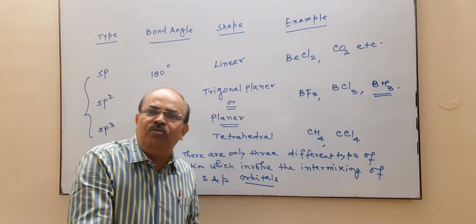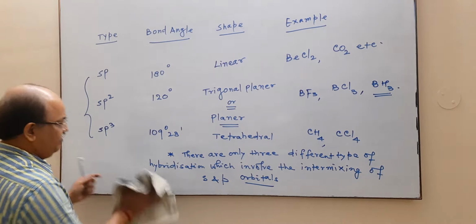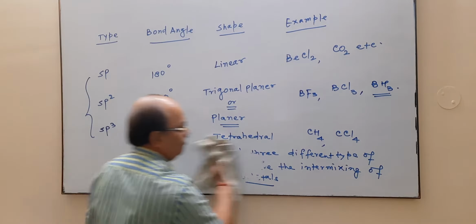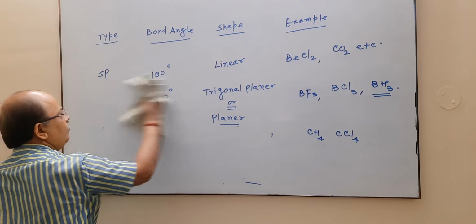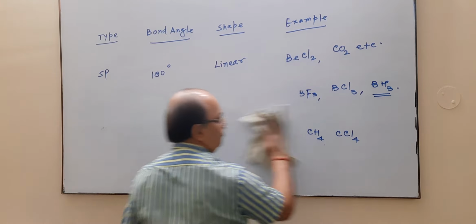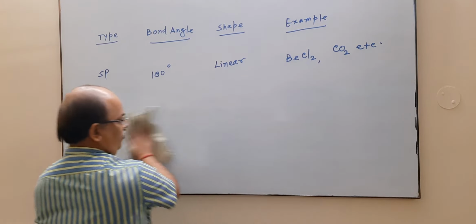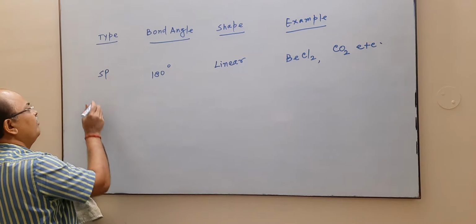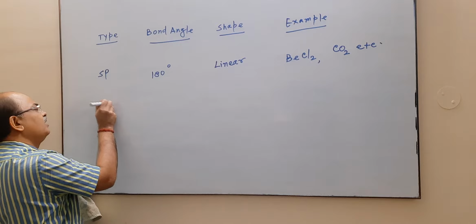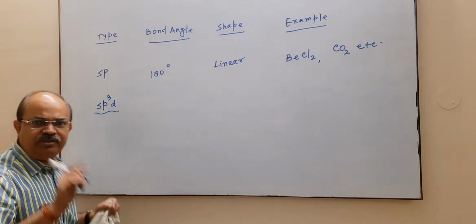Now we have to involve d orbitals. So the next type is sp3d.